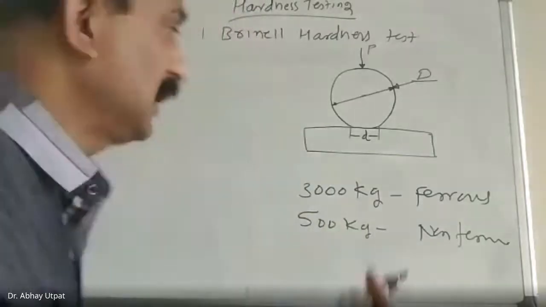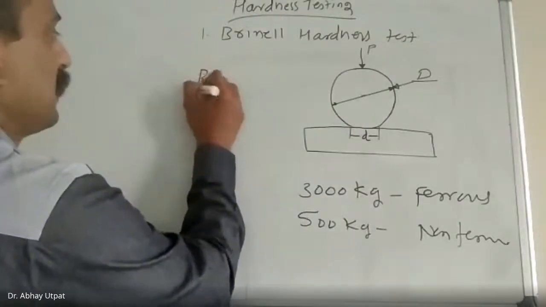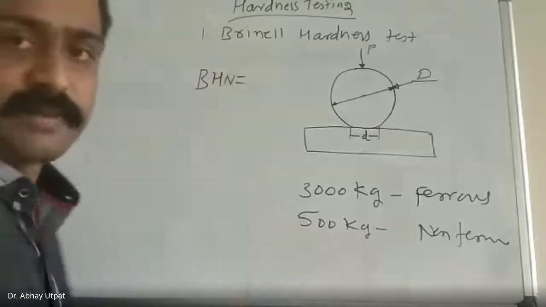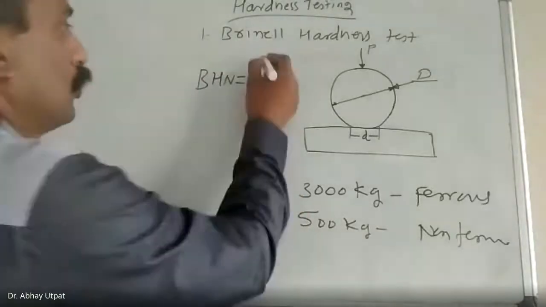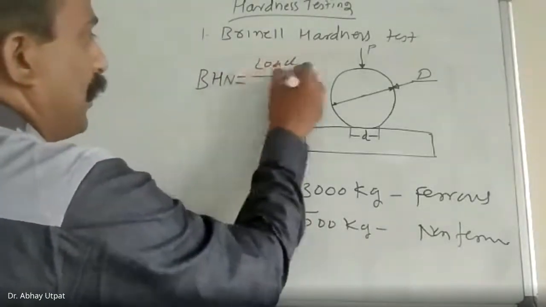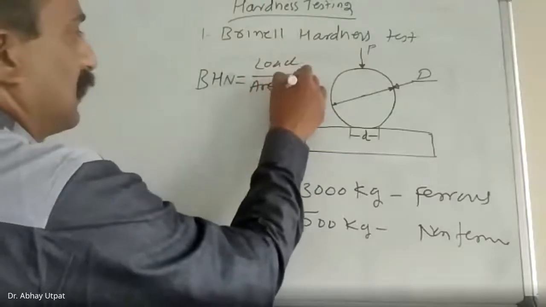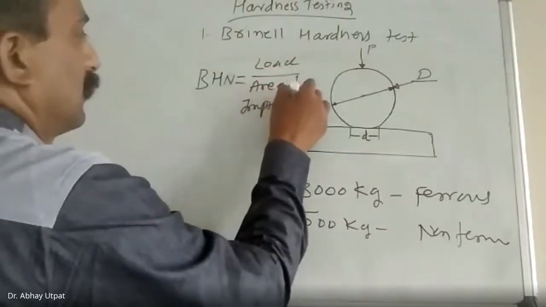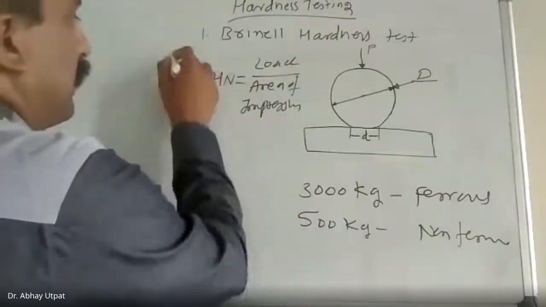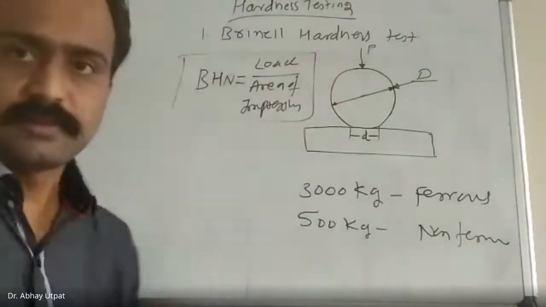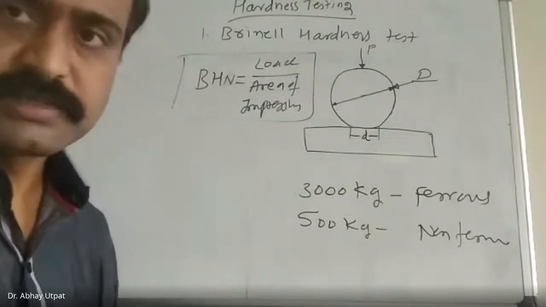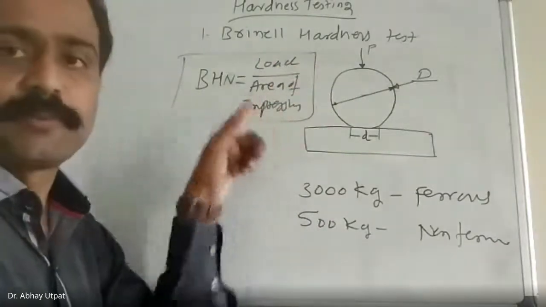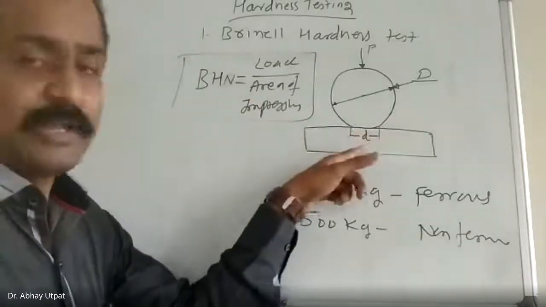That's why the definition of hardness: Brinell hardness number is equal to, write down this, load applied upon area of impression. Make a square bracket. Now, how to calculate area of impression?